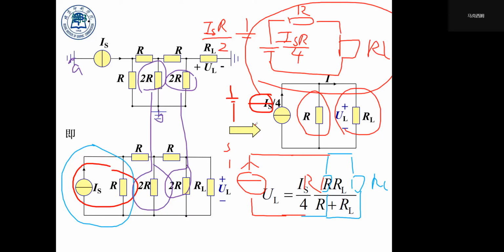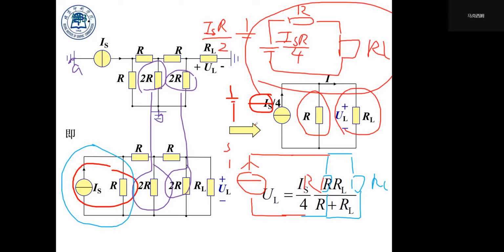So we don't have to discuss the rest of it any longer. In this example, we use the trick of voltage source into current source and current source into voltage source, all over again several times. Each step we just reduce the redundant resistors in this network.